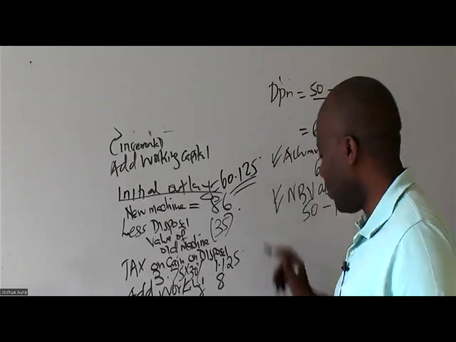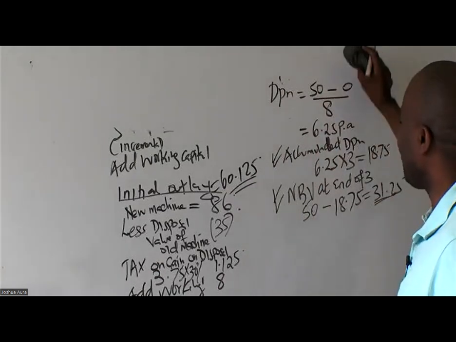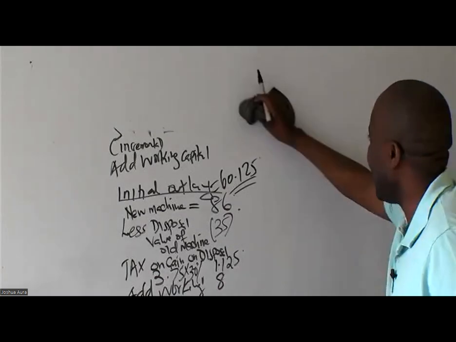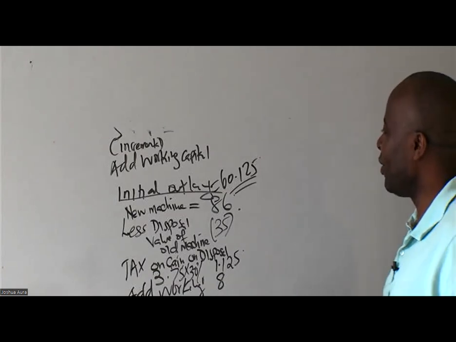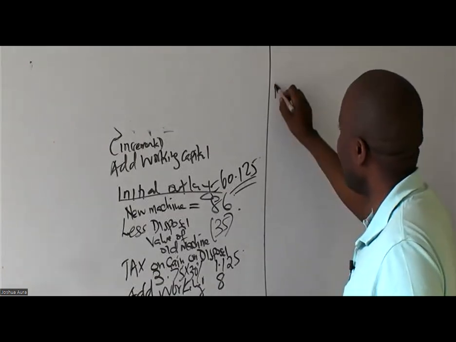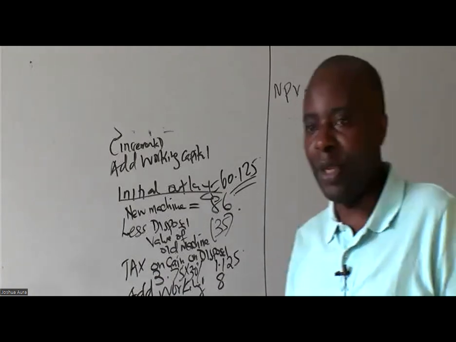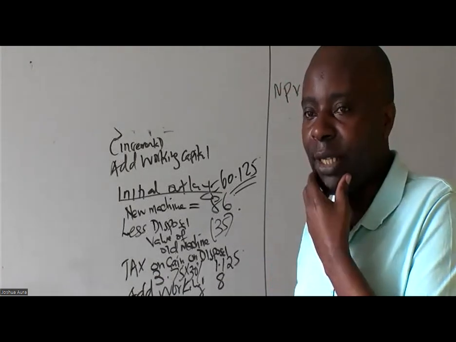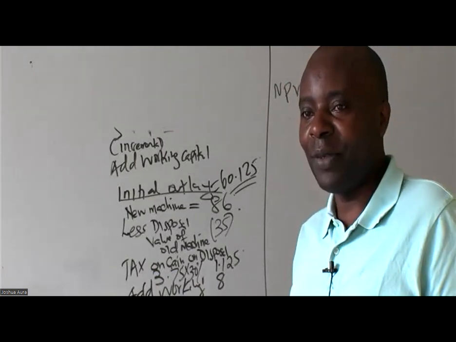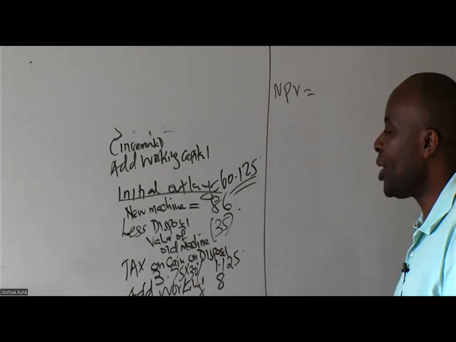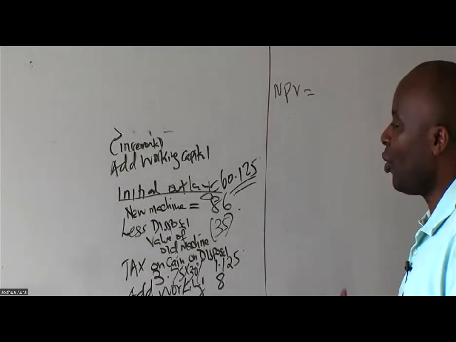Now, lastly, please go ahead and give me the net present value. What do we have there as our net present value? To get the net present value, I will take my operational yearly cash flow.